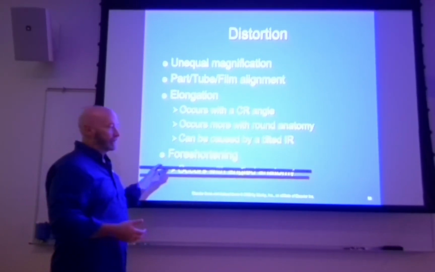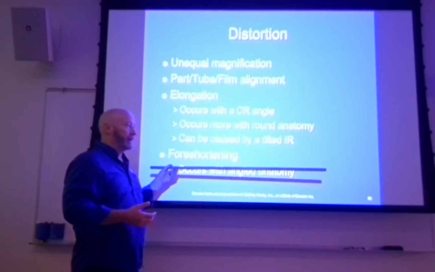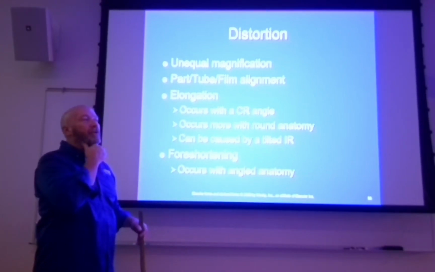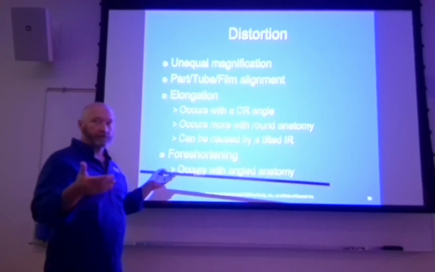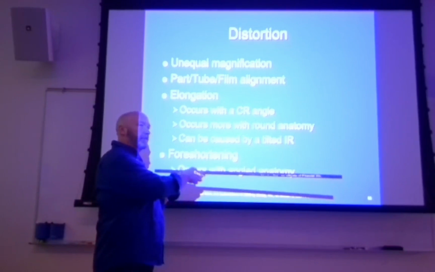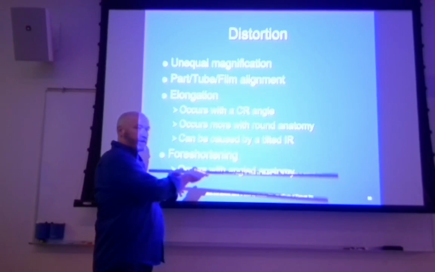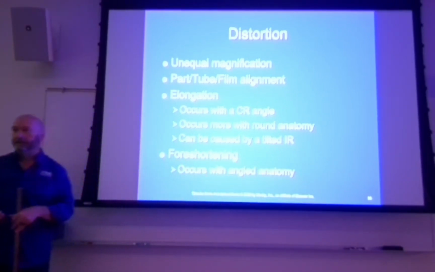So also, though, for elongation, if we have an angulation on our central ray, we're going to introduce elongation. But also, if we have a perpendicular central ray and we have an angled image receptor, we also introduce elongation that way as well.